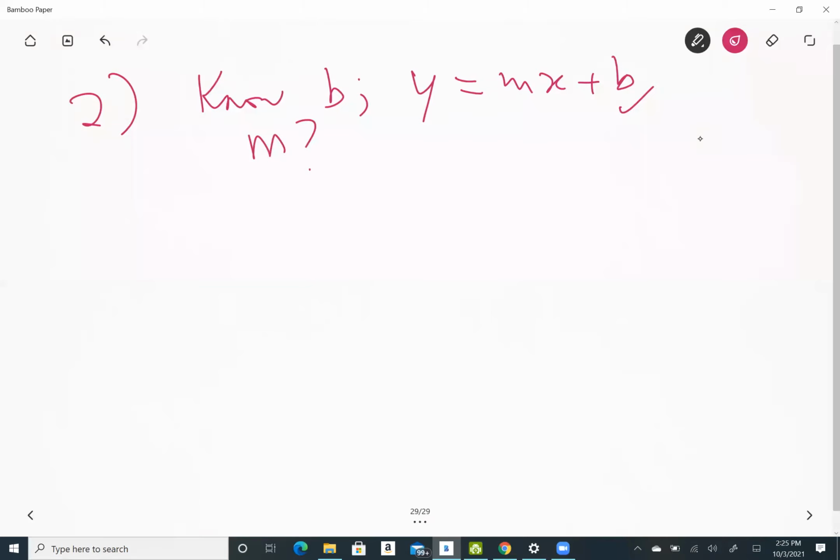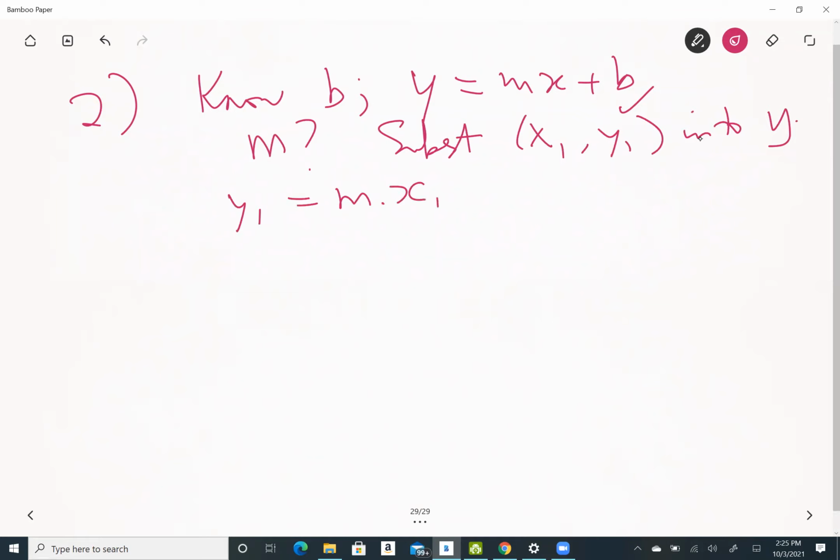How do you find m? We substitute again the point x1, y1 into y. So that becomes y1 equal to m x1 plus b.